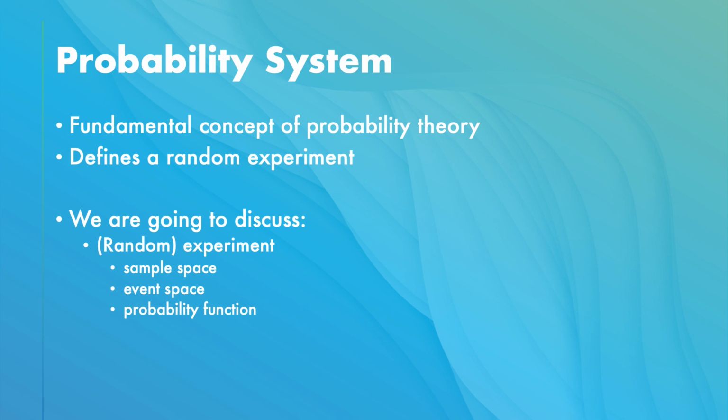And one such element is, for instance, the sample space, the event space, and the probability function. And the probability system describes and defines all of these elements, all of these components. And so it is basically like an agglomerate of information to describe a random experiment.